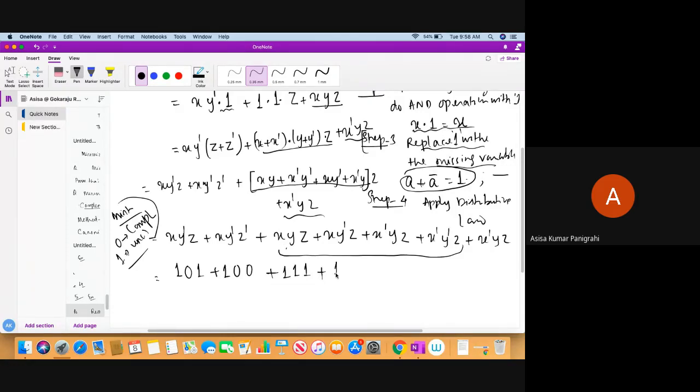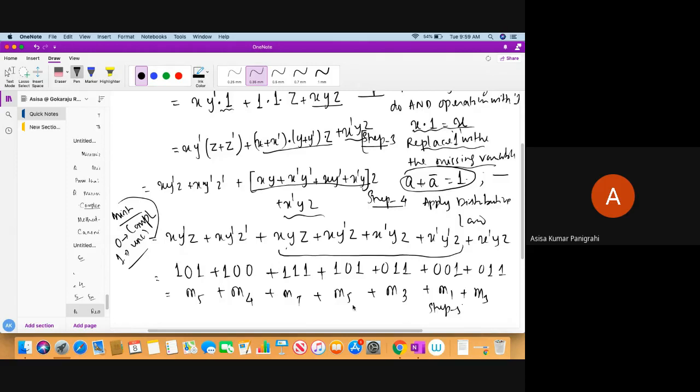Similarly 1, 0, 1. Similarly 0, 1, 1. Similarly 0, 0, 1, 0, 0, 1, and finally 0, 1, 1. Now you identify what those are. This is M5, M4, M7, M7, M5, M3, M1, M3.